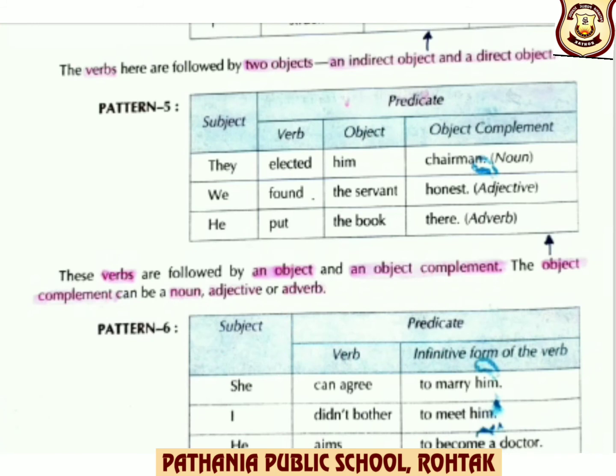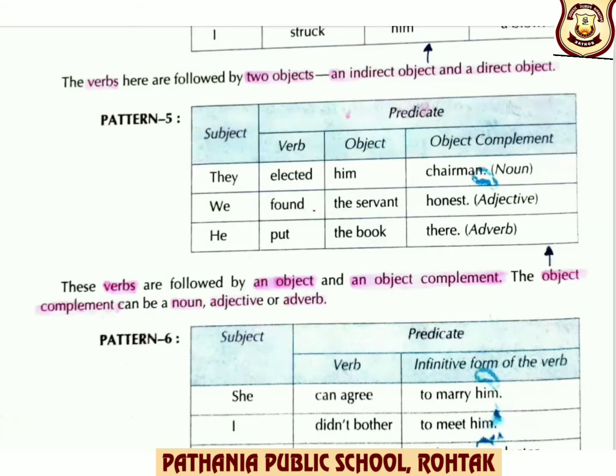Now according to pattern 5, the predicate can be enlarged by using verb, object and object complement. Look at the examples, children. They elected him chairman. They subject, verb elected, object him, object complement chairman.